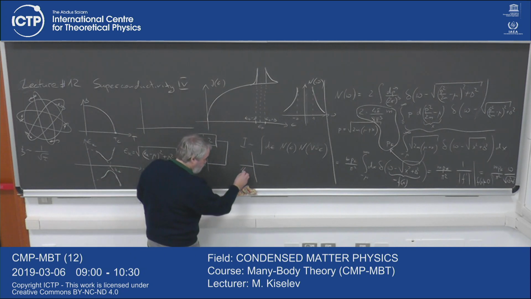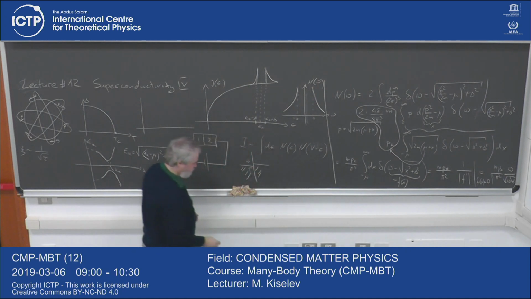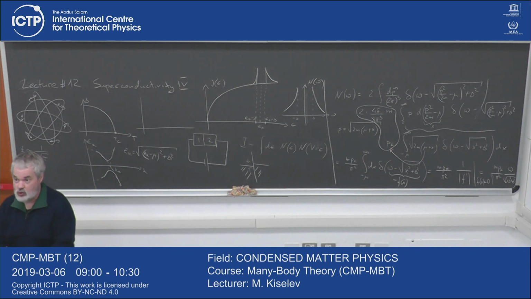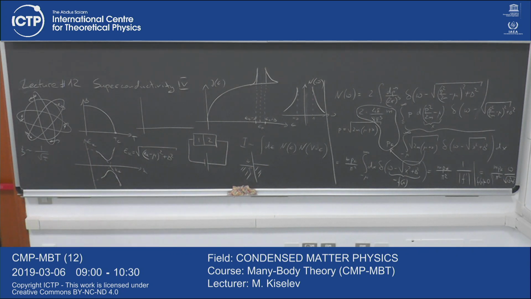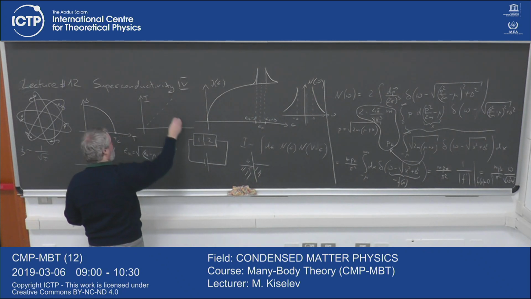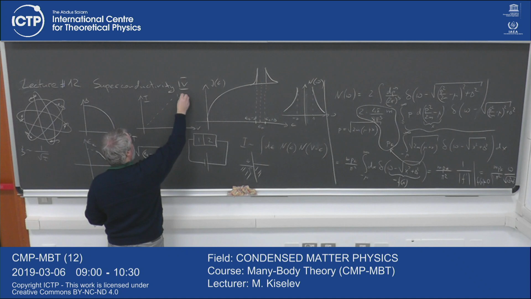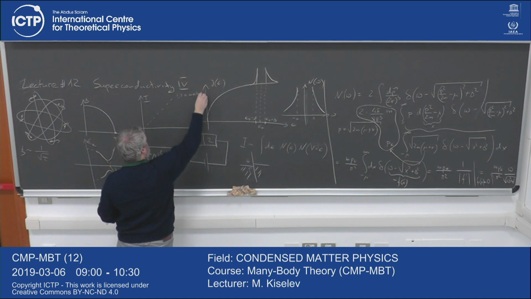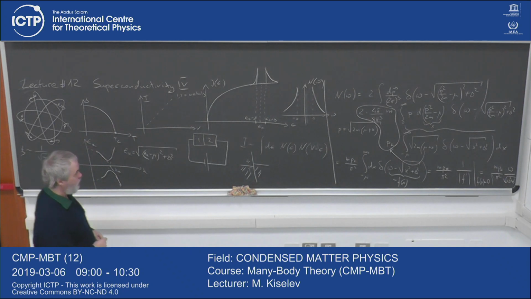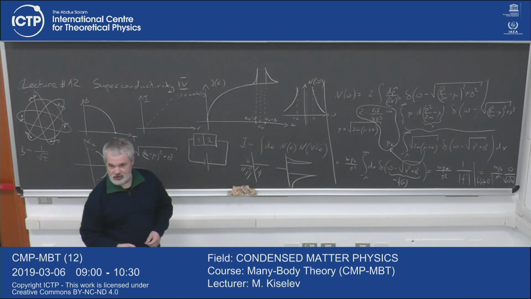So these are carriers. We apply a small bias, so this is the voltage applied to the system. As soon as we apply bias, the current starts to flow. Therefore, what we have is the so-called Ohm law: current is proportional to the voltage, if 1 and 2 are metals. Consider then the situation when 1 is a metal and 2 is a superconductor with this 1 over square root density of states.